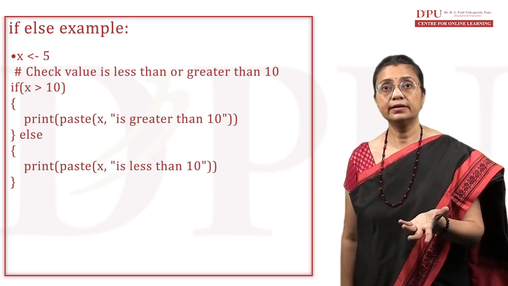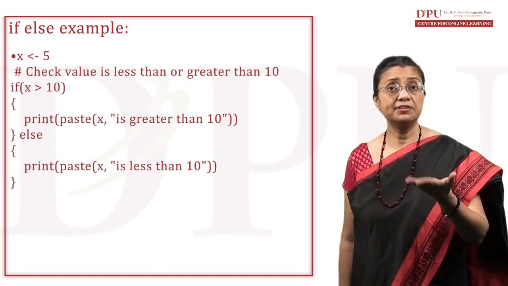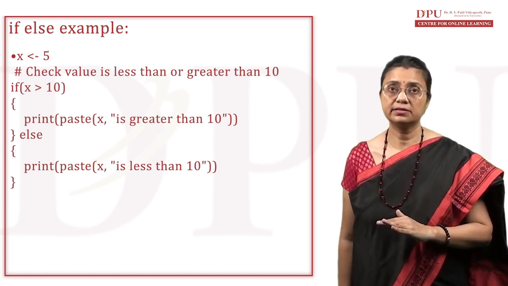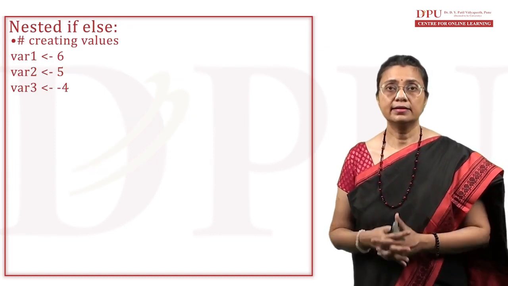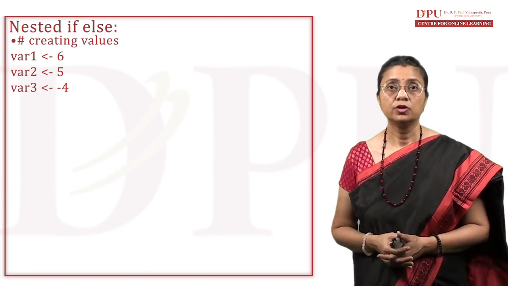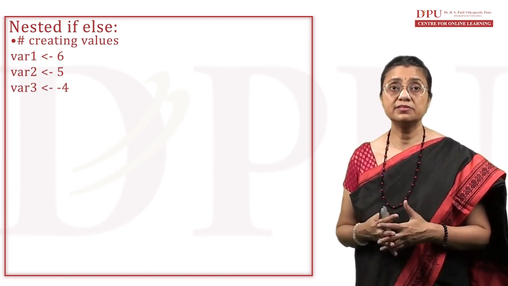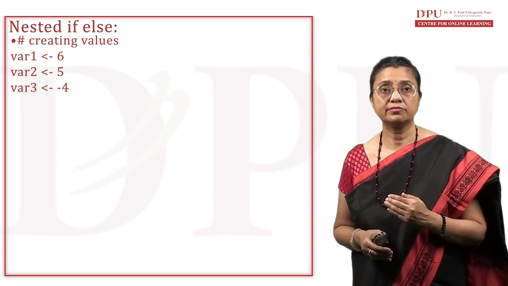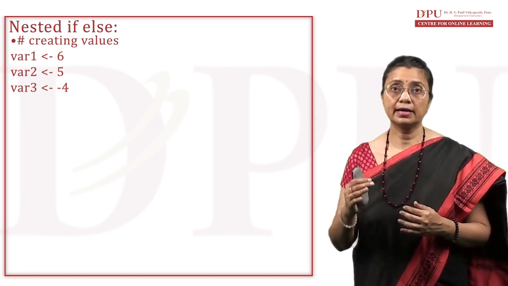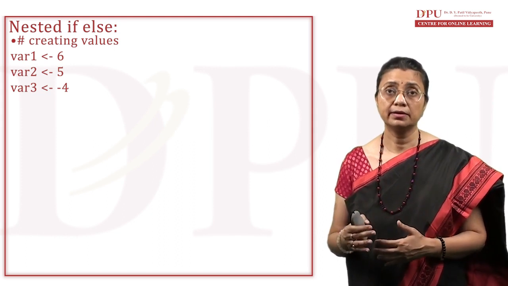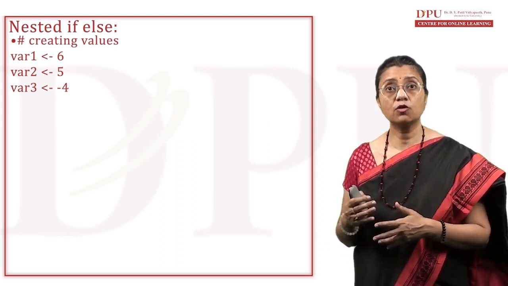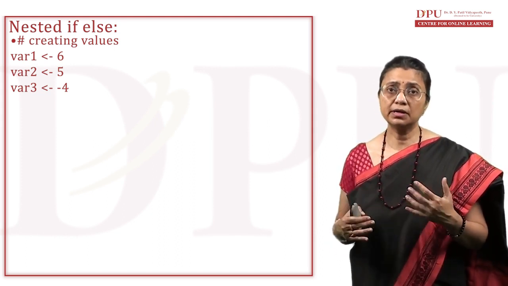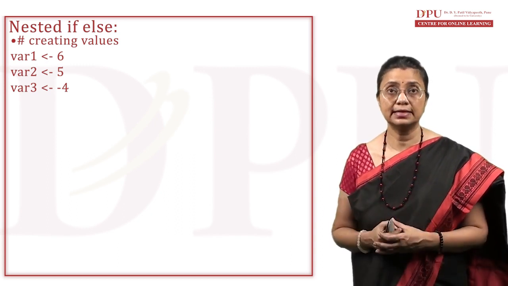If it is greater than 10, I'm printing one message, and if it is less than 10, I'm printing another message. Now, let's understand the concept of nested if. You must be thinking that nested if is something where we can nest one if inside another if. If there is an if command and I can put another if inside that command, then I'm calling it nesting of ifs. That is, multiple conditions are stacked one inside the other.